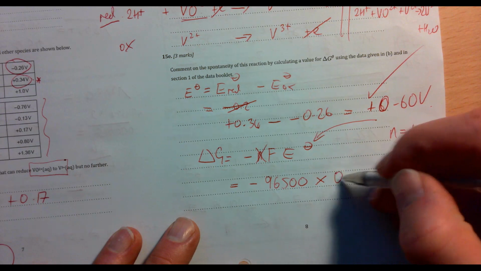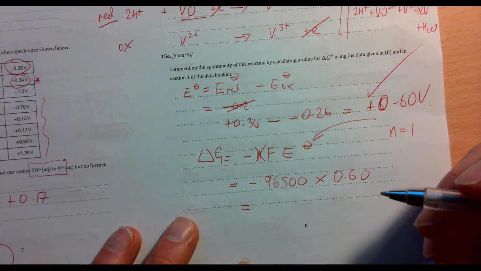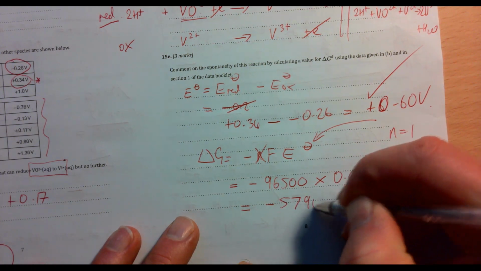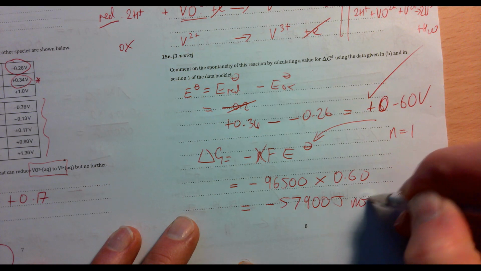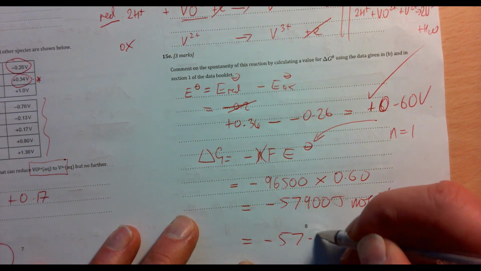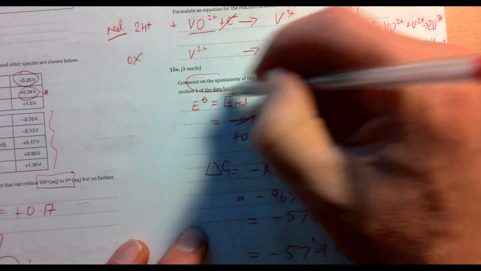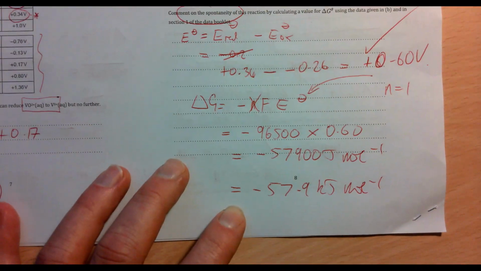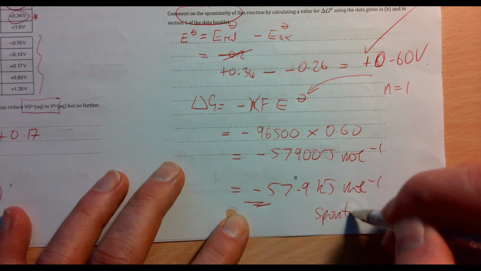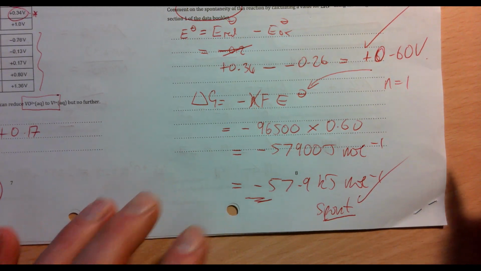Times 0.6, and that comes to minus 57,900 joules per mole. We want to do it in kilojoules per mole, not that it really matters. Either would be okay. But look, it does say comment on the spontaneity, so you have to say that it's a negative delta G, so it is spontaneous. That's how you get the third mark. And that's it. All done.